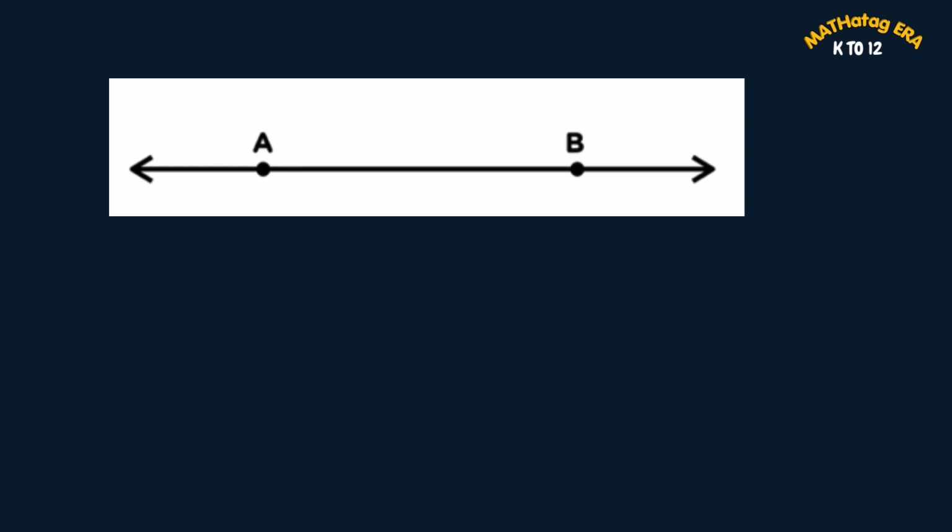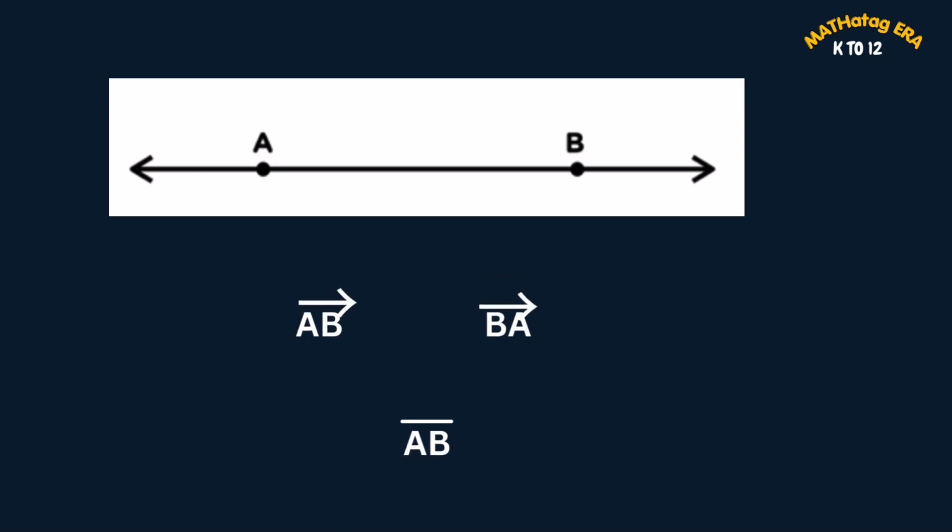Starts at point A and passes through point B, extending endlessly beyond B. That is what you call the ray AB. Starts at point B and passes through point A, extending endlessly beyond A. That is ray BA, read as ray BA.